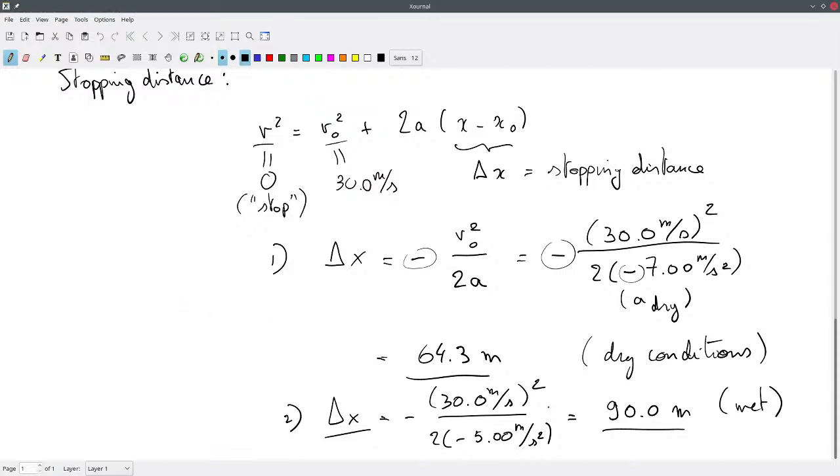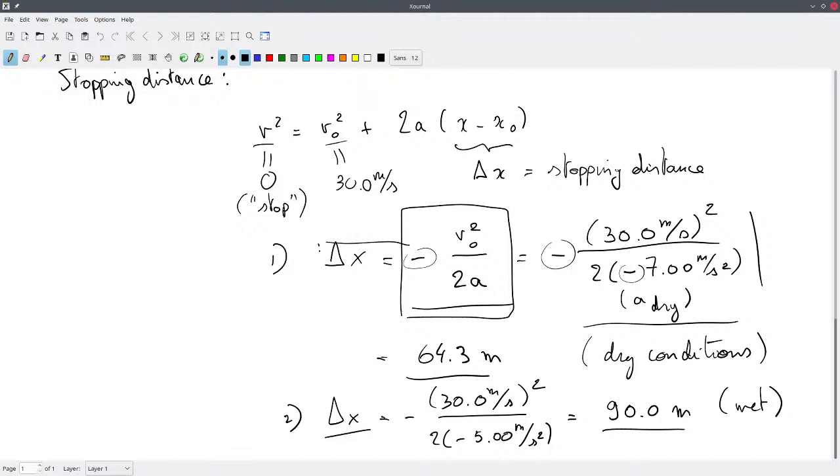Now, these were all problems where we're plugging in the numerical values and calculating a numerical answer. Another thing that we commonly do in physics is calculating a formula answer first, and then plugging in different values for one of the parameters.